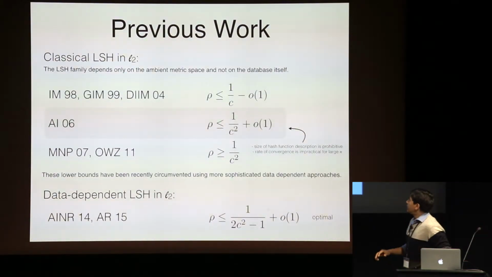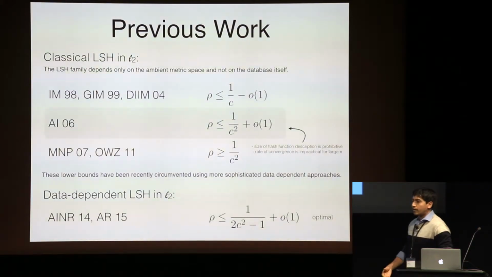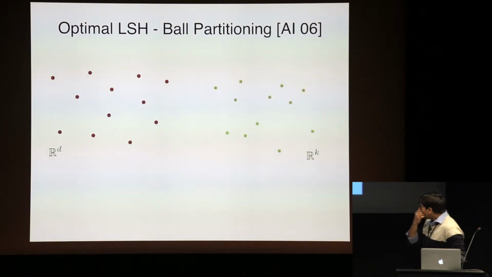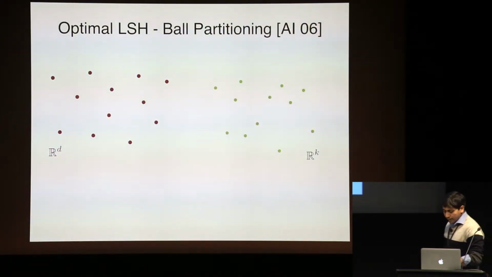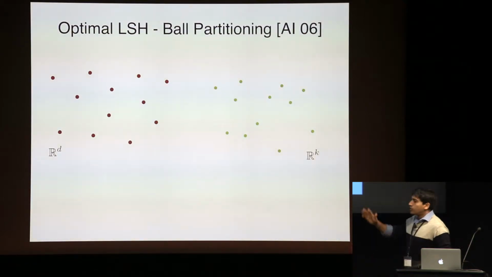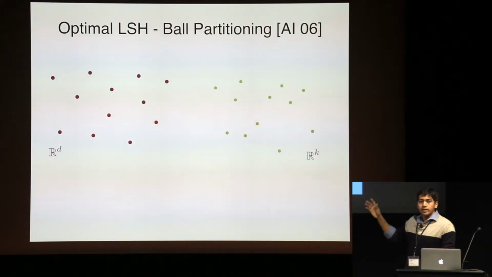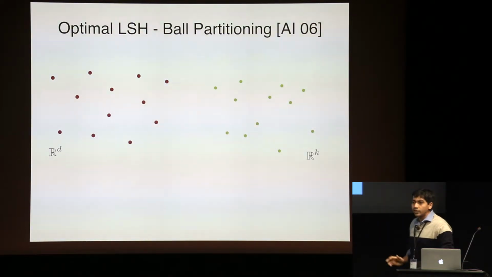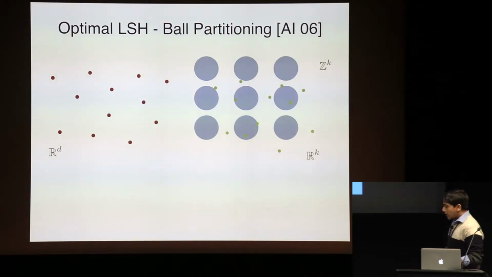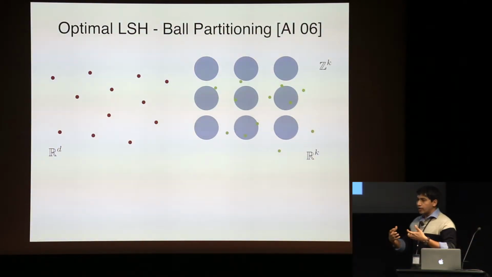So we'll briefly take a look at more details on how this scheme worked and the improvements that we suggested over it. This is what the optimal LSH family does. You first take the set of database points in d-dimensional space and project it to some lower dimensional space, say R^k, for some design parameter k to be chosen later. Now consider this grid of balls.